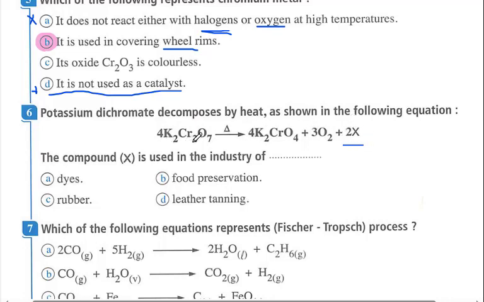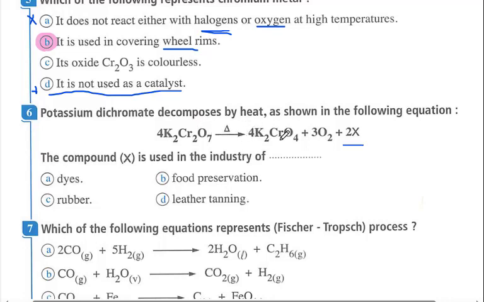Chromium 4 times 2 is 8. Here 4 times 1 is 4. So there is 4 chromium here. In the same manner, we can calculate the oxygen. 4 multiplied by 7 oxygen in each molecule equals 28 oxygen atoms.